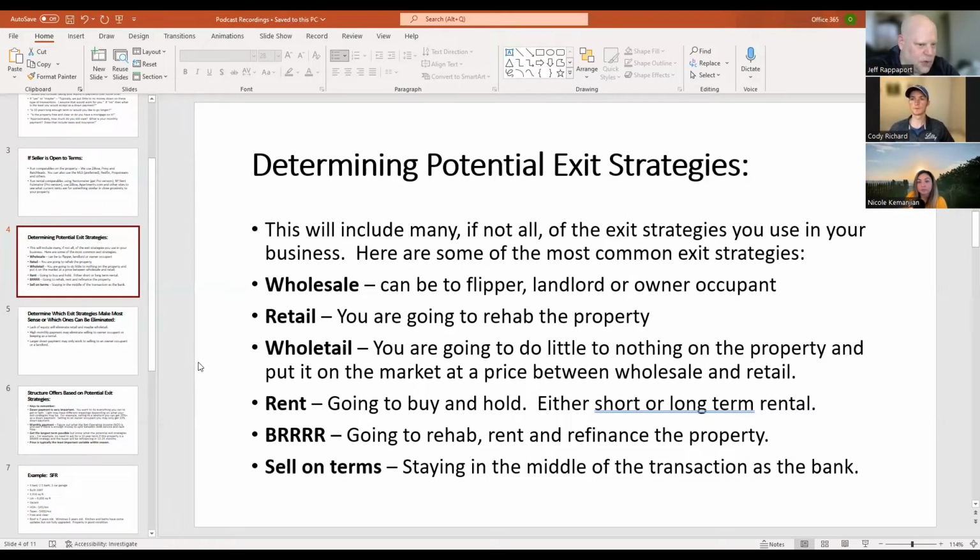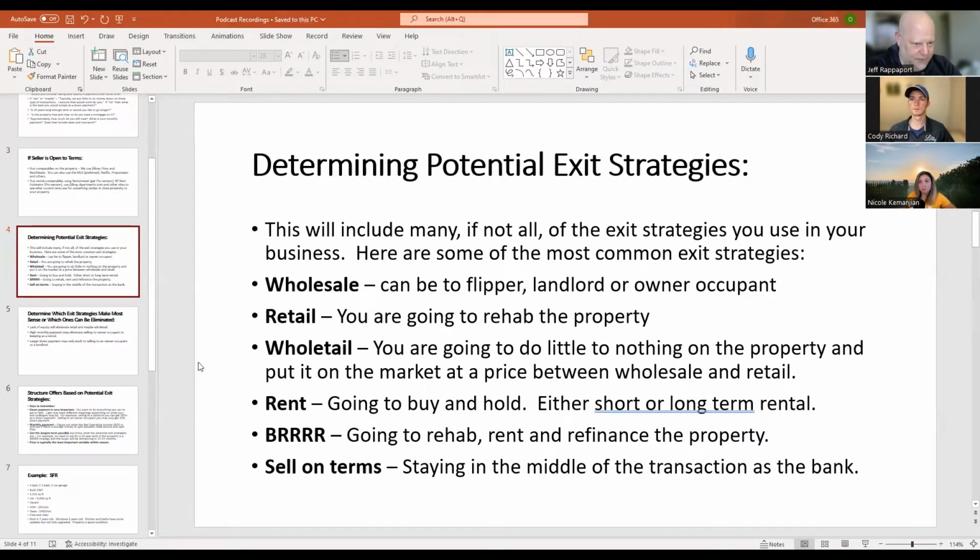Do we want to wholetail it, which is kind of in the middle of a wholesale and a retail type property, maybe something that's dated, that doesn't need a lot of work, and you're selling it for more than a wholesale, but less than retail. Rent, whether it's buy and hold, short or long term. The BRRRR strategy, where you're buying it under market value enough where you could do some repair work to it and then be able to refinance, pull all or most of your money back out of it.